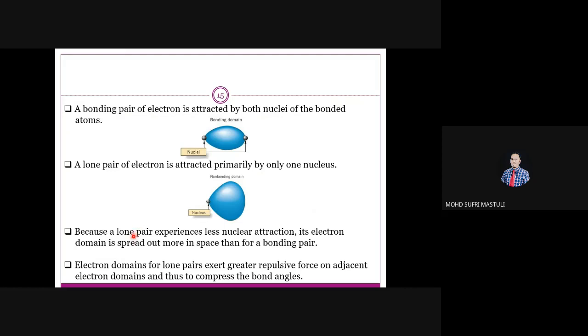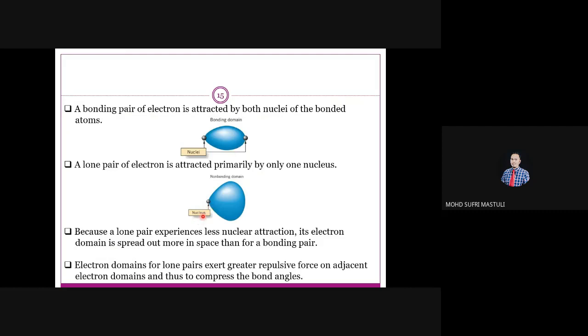This is why the electron domain of the lone pair looks asymmetric. Because the lone pair experiences less nuclear attraction. Its electron domain is spread out more in space than the bonding pair. So the electron domain is bigger than the electron domain in the bonding pair.